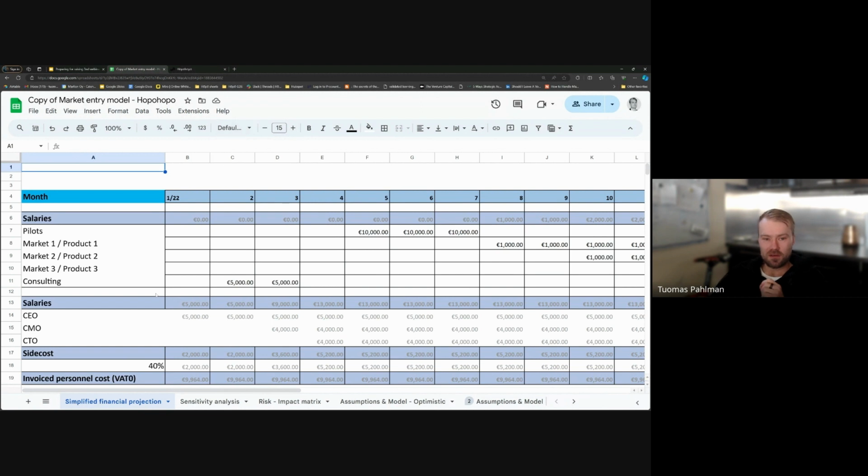So most likely you start with the sales side, and you have here a breakdown of different months and what you're expecting to earn in terms of pilots. If you have a product, how much you're getting from consulting, and it tells the investors how you end up with your numbers.